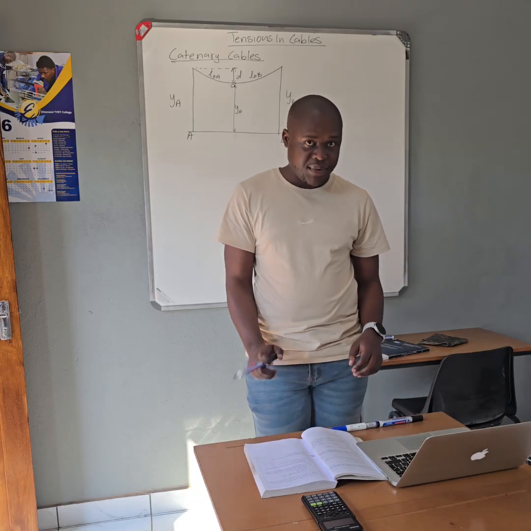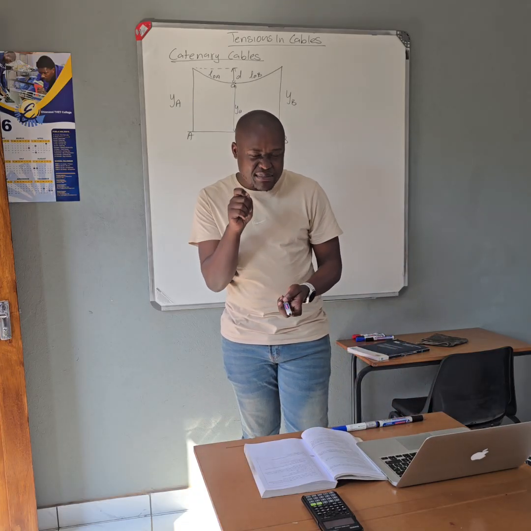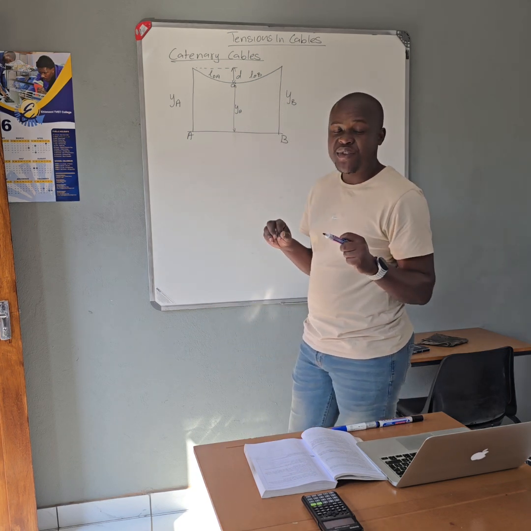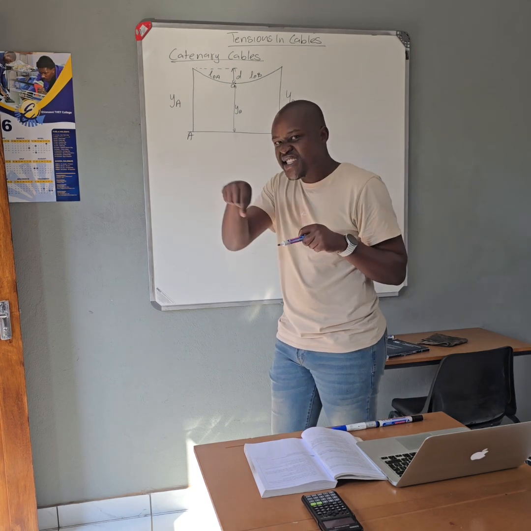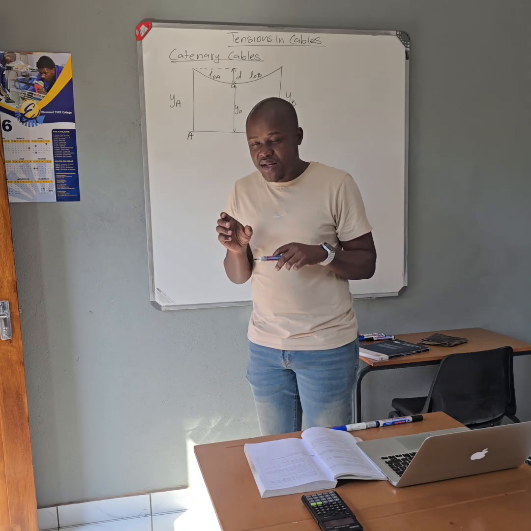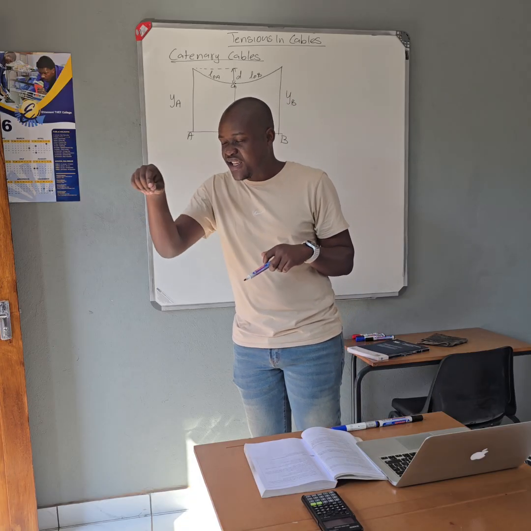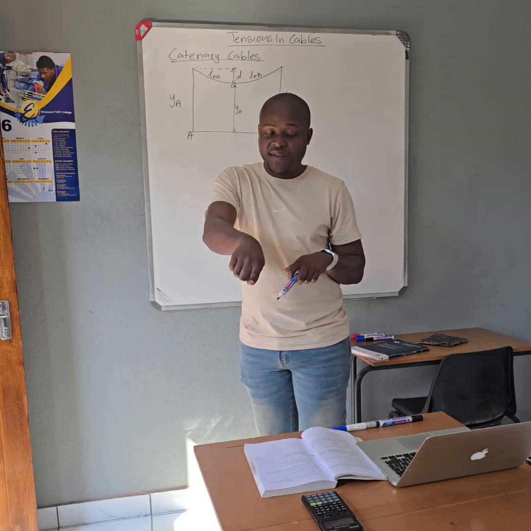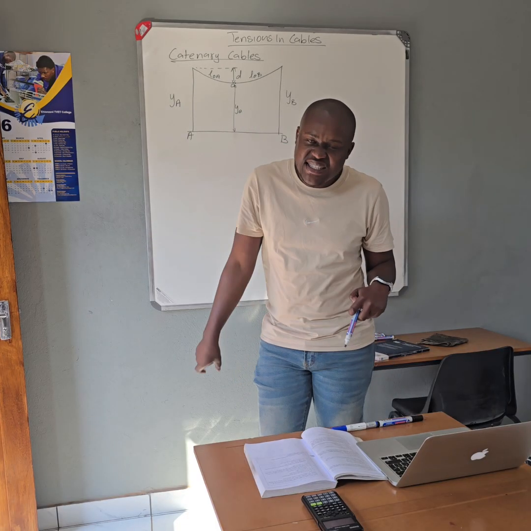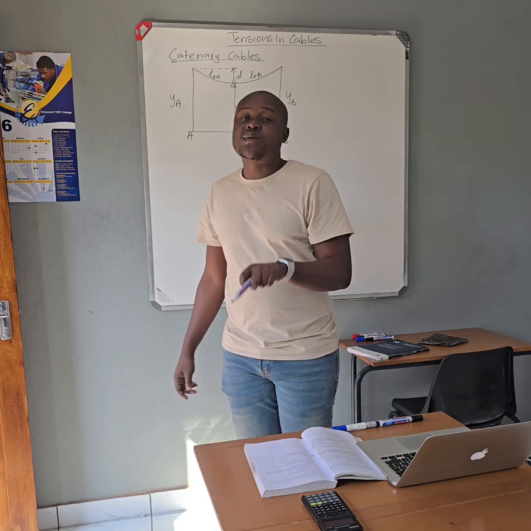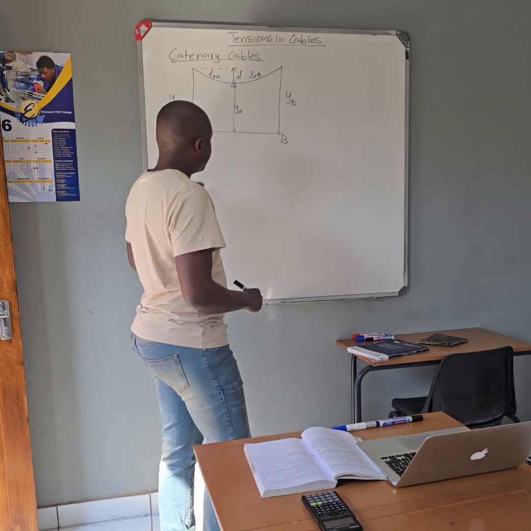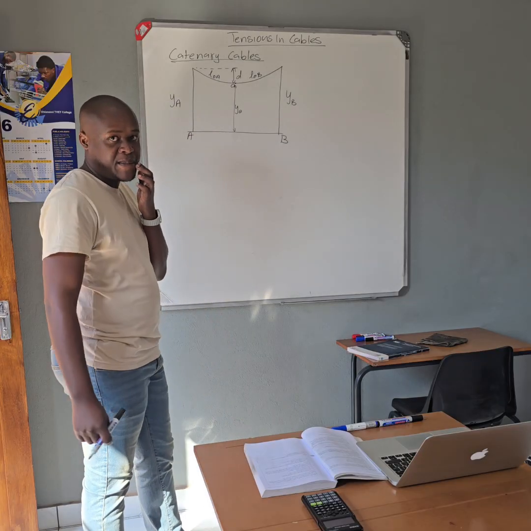You see, it did say maximum tension. Remember, I said if they say calculate the tension in the cable, but they are not specific to say maximum or minimum, you calculate FH. But this one is saying calculate the maximum tension in the cable, so that is FT.